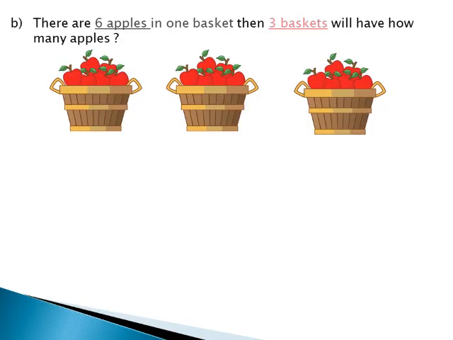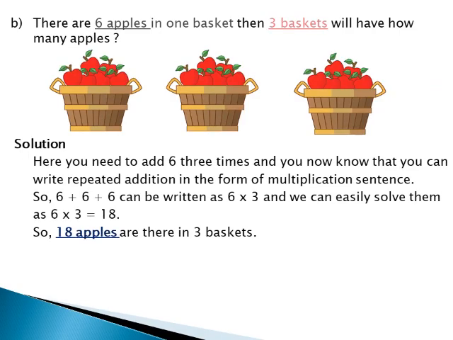So here you need to add 6 3 times, and you know that you can write repeated addition in the form of multiplication sentence. So 6 plus 6 plus 6 can be written as 6 times 3, and we can easily solve them as 6 times 3 equals 18. So 18 apples are there in 3 baskets.